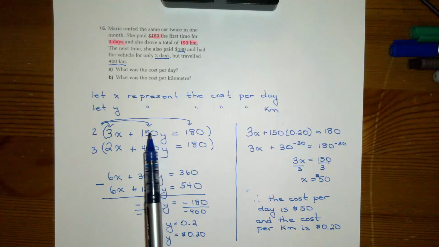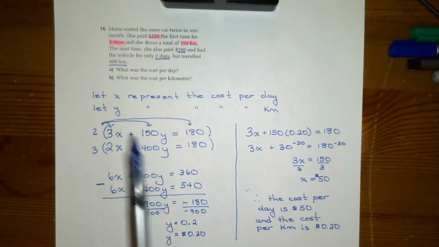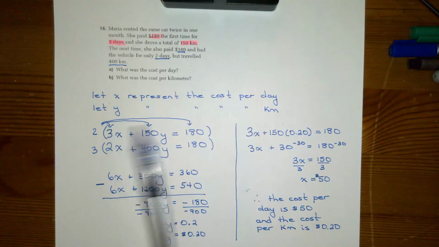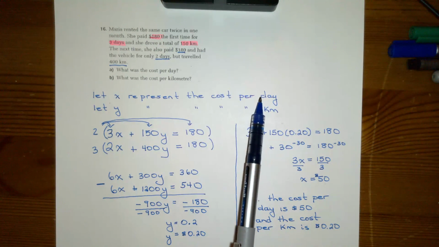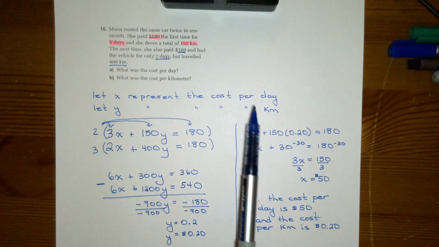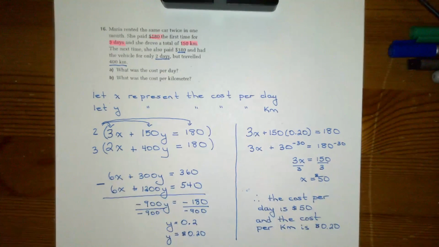So 3x plus 150y equals 180. And then on the next one, there's 2 days times the cost per day, and 400 kilometers times the cost per kilometer. If we add that up, we're also going to get 180. And then we have an elimination question exactly like the ones that we were working on today.